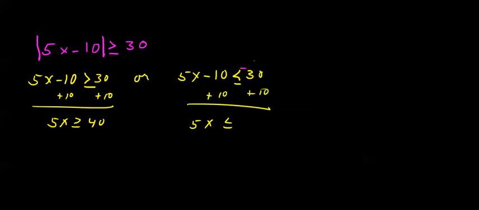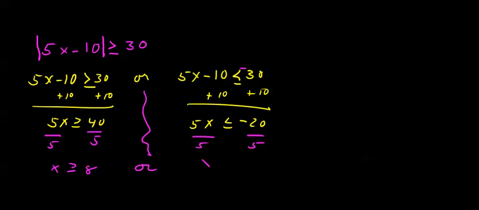Greater than 30, less than negative 30. 5x is less than or equal to negative 20. I divide both sides by 5. And likewise over here, I divide both sides by 5. I get x greater than or equal to 8, or x less than or equal to negative 4.